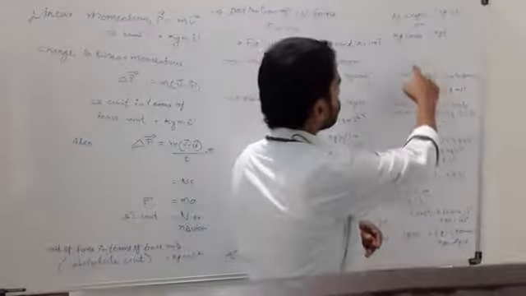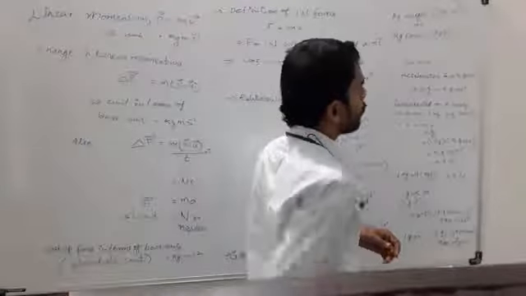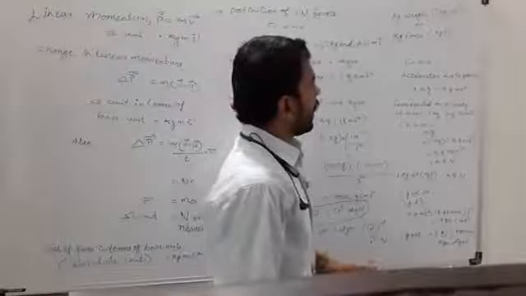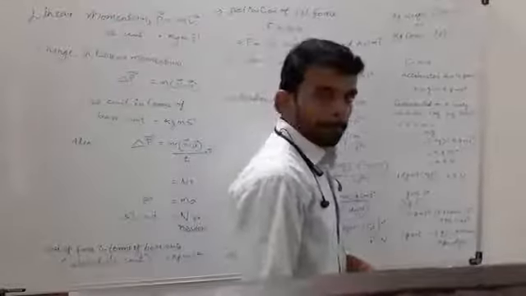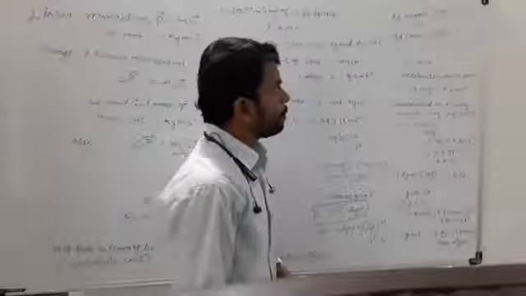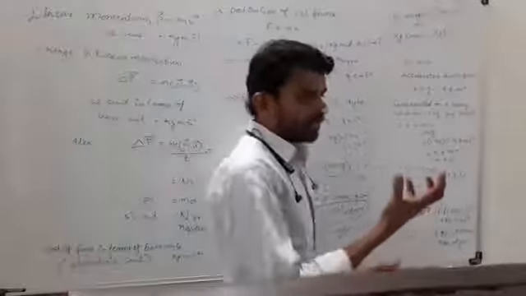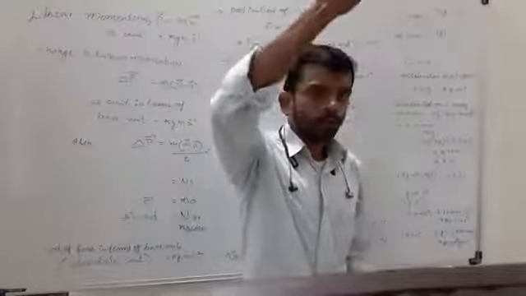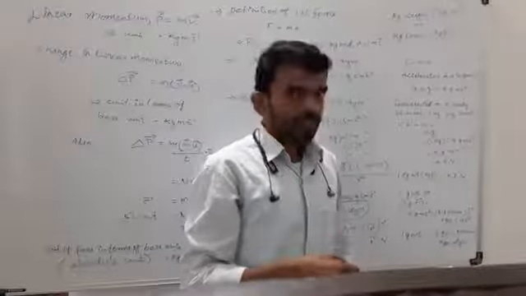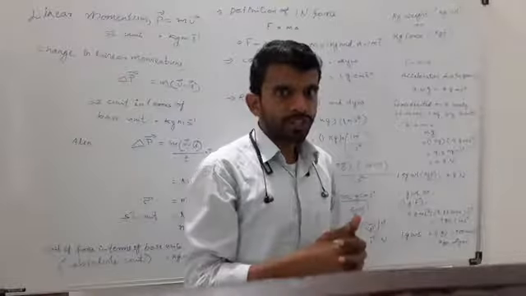Now we know that from Newton's second law, F is equal to ma, where m is the mass of the body and a is the acceleration produced in the body. If you consider any body falling towards Earth, it falls with the acceleration called acceleration due to gravity.